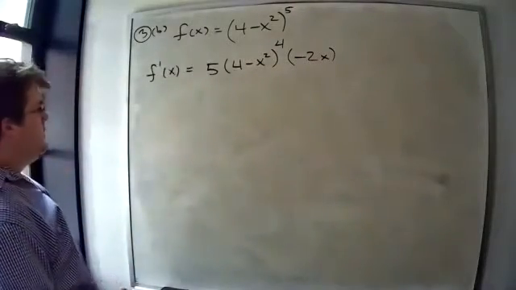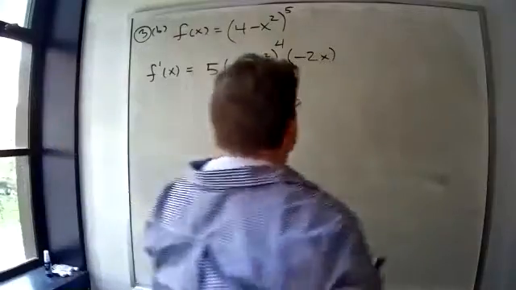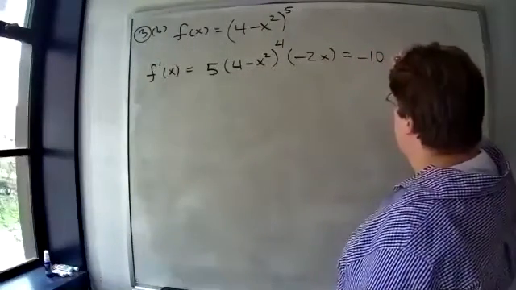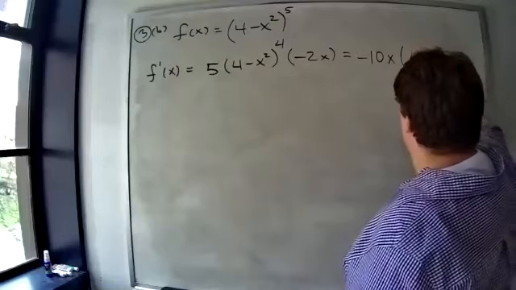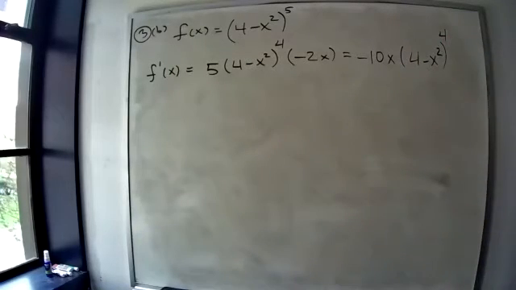And we're going to want to set this equal to 0, so I'm just going to rearrange it and put the 5 and the 2 together. So 5 and 2 and negative make -10. I'll put the x out front. And then 4 minus x squared to the 4th is still there.